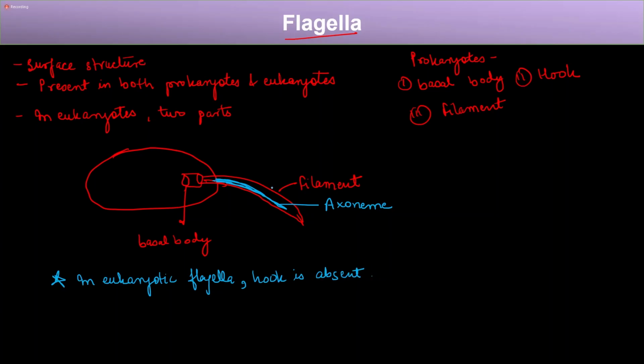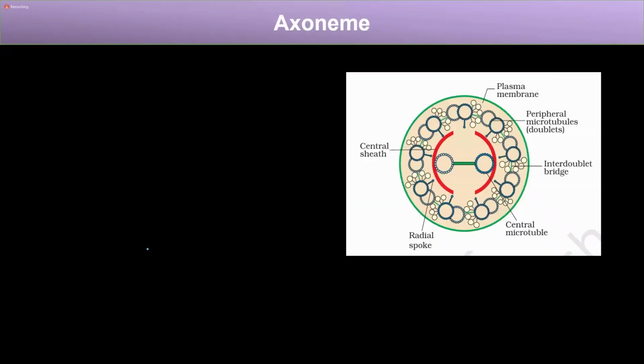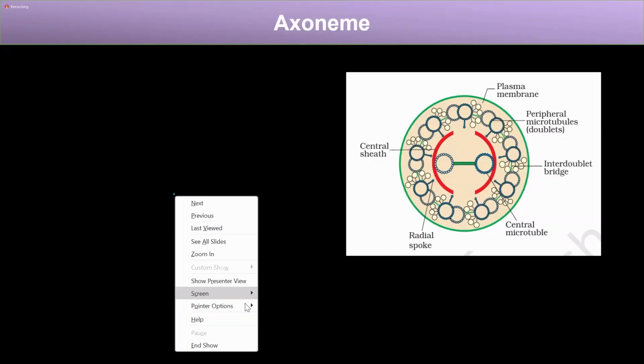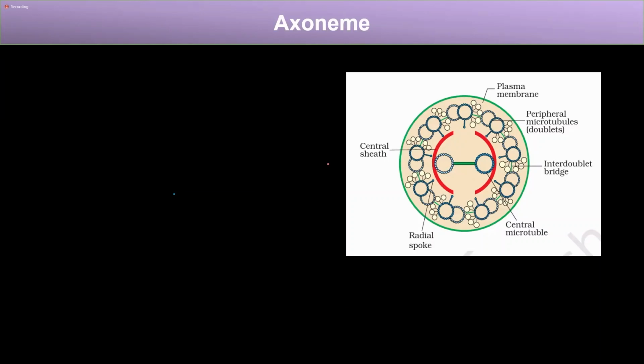Now, if you cut this flagella like this, or cut this cilia like this, and visualize it from the top, what kind of structure will you see? You will see a structure something like this, and this structure is known as axoneme.